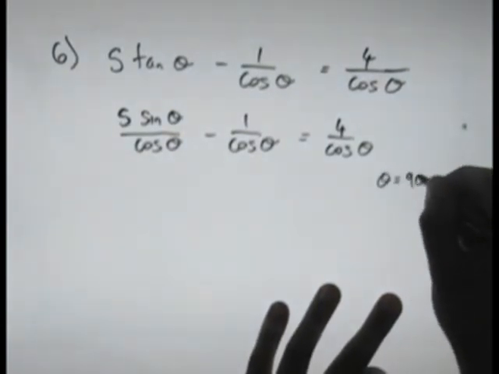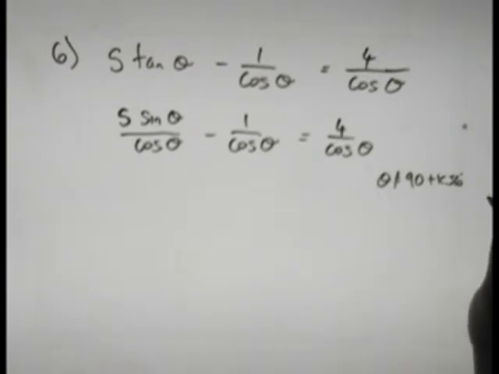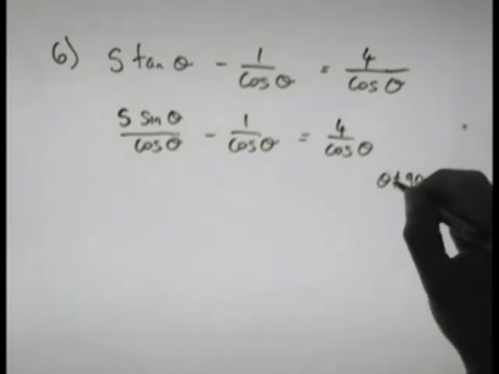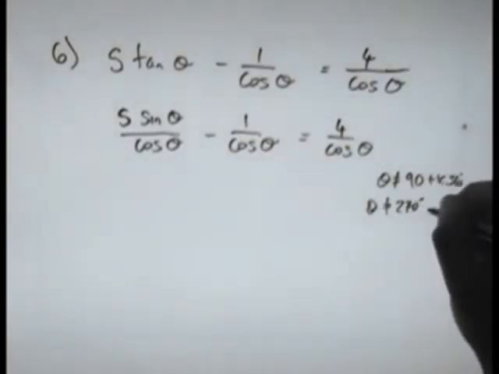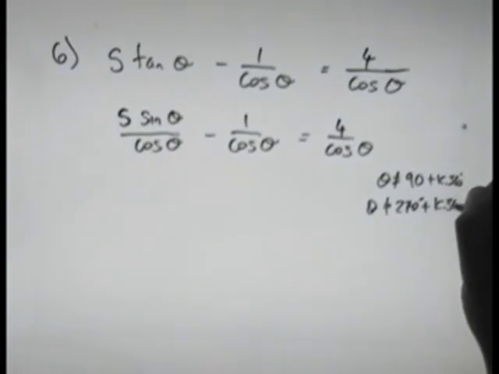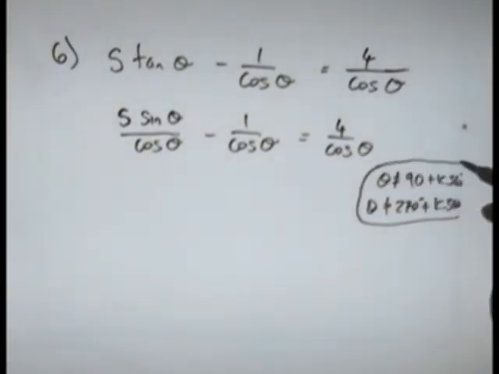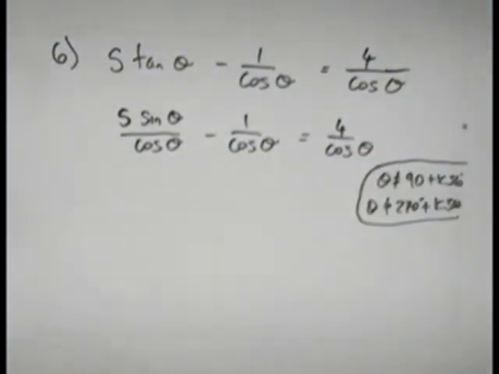Theta cannot equal 90 degrees plus k times 360, and that would make it undefined. Alternatively, theta cannot equal 270 degrees, again plus k times 360, for that would make it undefined. This is just our restrictions. Our denominators cannot ever equal 0. Notice that even our restrictions have got general solution in it.